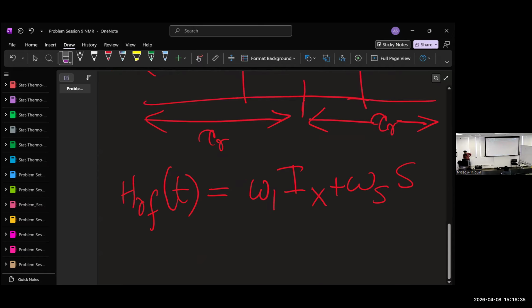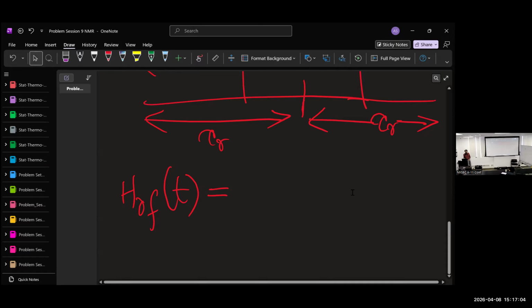We had a simultaneous spin lock on both I and S in order to engineer a heteronuclear transfer, and then we went into the doubly rotating interaction frame, where we calculated the propagator corresponding to this, and then moved into this RF defined frame where the dipolar average Hamiltonian was non-zero. And for all the time that you hold the spin lock, that RF Hamiltonian is just omega I_x plus omega S_x, assuming you have x phase pulses in both.